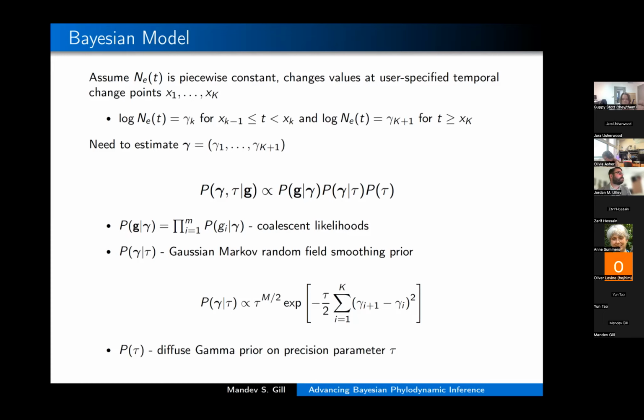So this prior distribution doesn't express any prior beliefs about the overall level of the effective population size, but rather just that its trajectory changes smoothly over time. And the degree of smoothness is determined by a precision parameter, which we'll call tau, and we give this precision parameter a relatively vague gamma prior distribution.